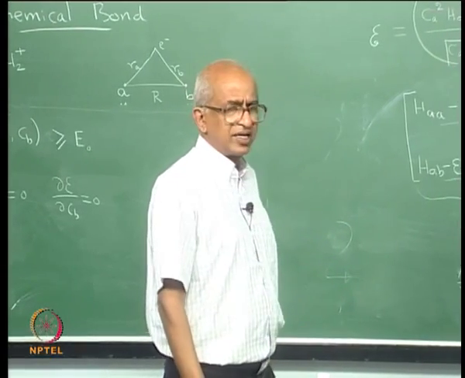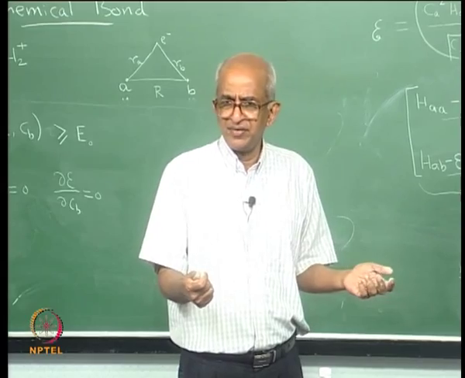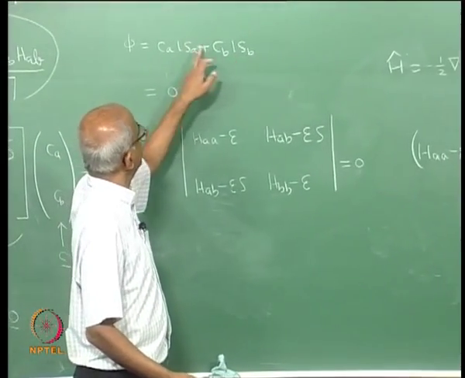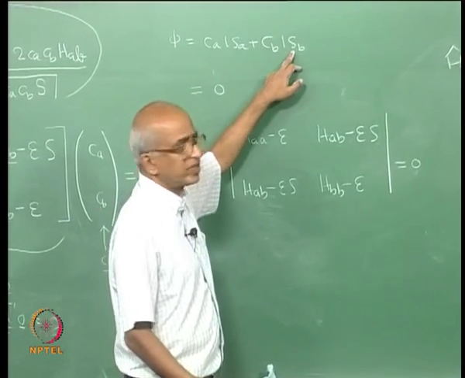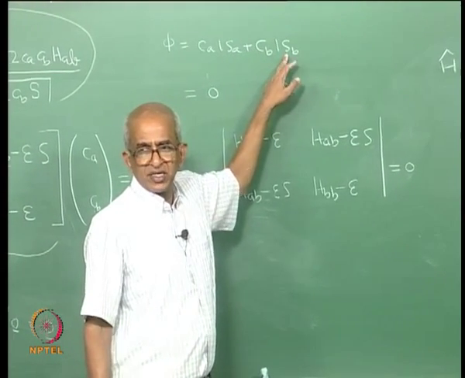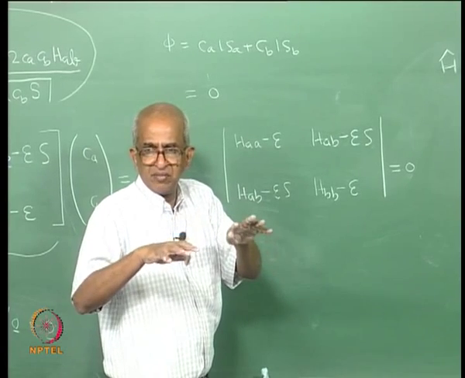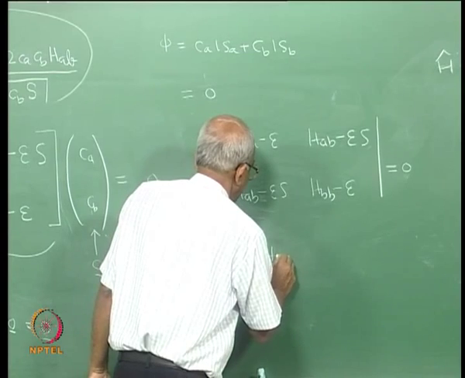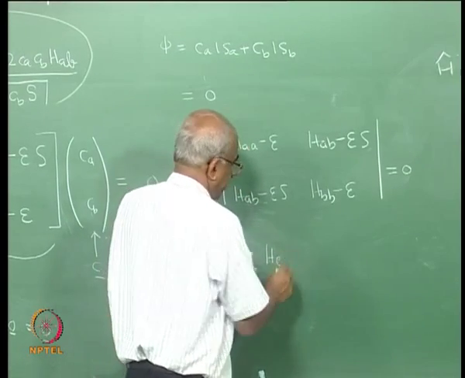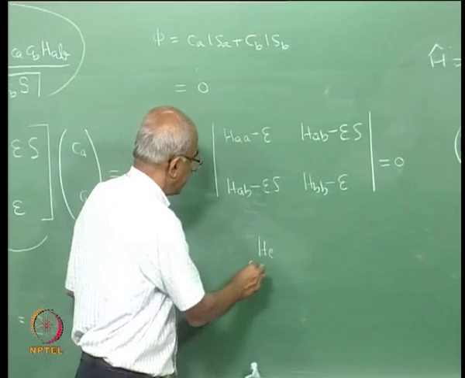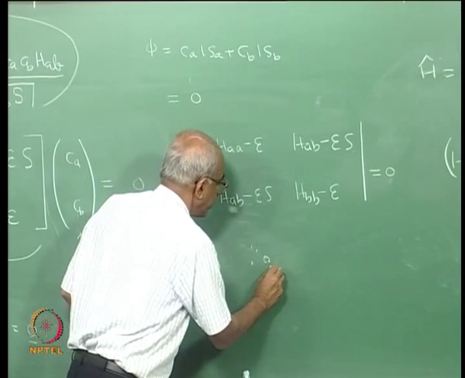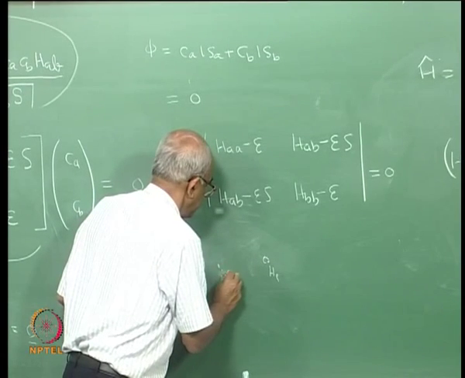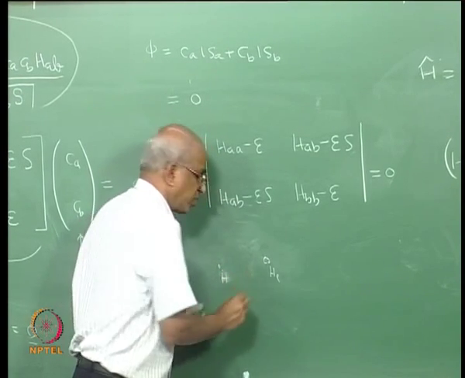Now, the analysis that I have carried out is fairly general. Even if I did not have a 1s b atomic orbital here, you see here I have assumed that this is 1s a and that is 1s b, and I have assumed that the two nuclei are identical. But imagine I have a situation where one nucleus is a helium nucleus and the other is a proton.